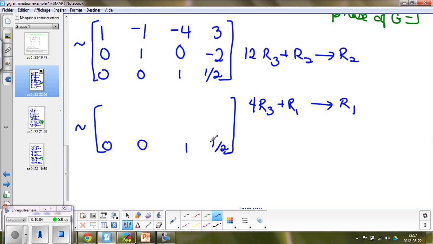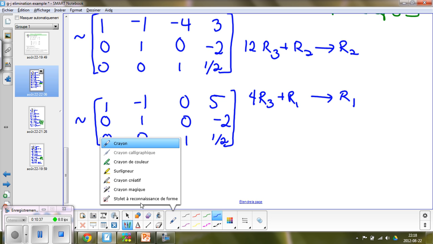We're nearly there, by the way, as you probably can see. 4 times R3 plus R1: 4 times 0 stays the same. 4 times 1 plus minus 4, look at that, that's 0. 4 times a half, that's 2, plus 3, that's 5.